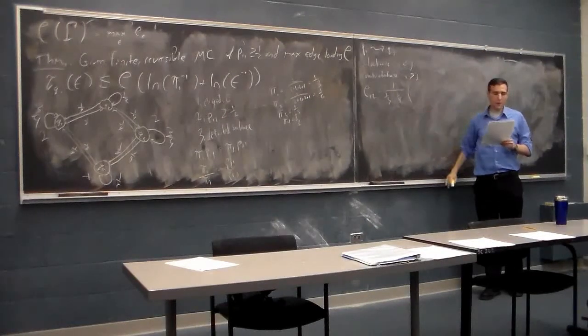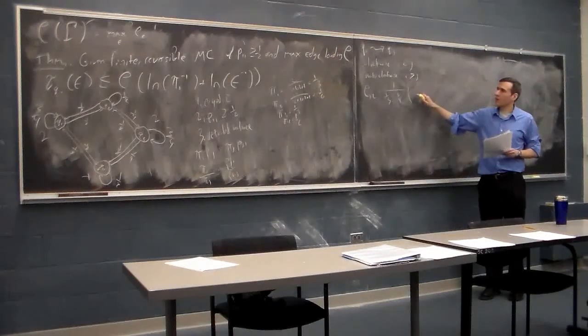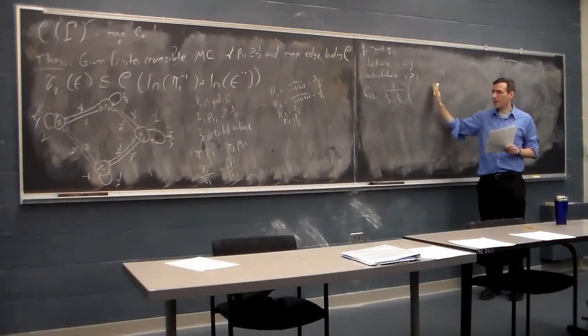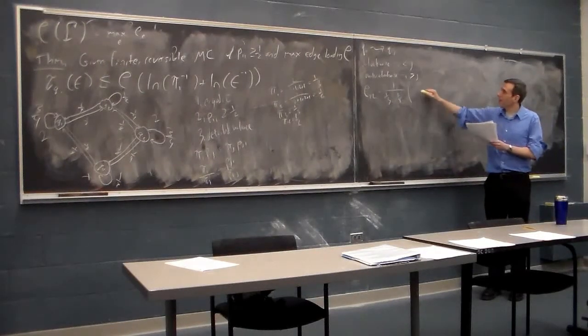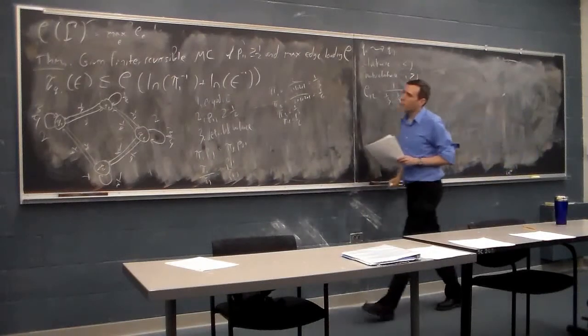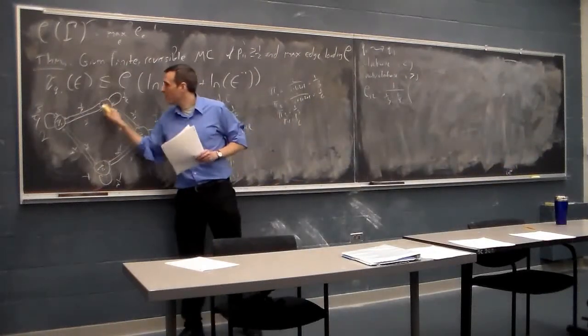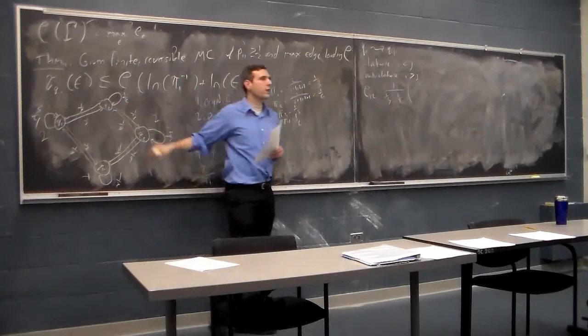And then what we would need to do is sum over all of these terms of the form pi I prime, pi j prime, times the length of the path from I prime to j prime. So in other words, we know that this edge from 1 to 2 uses the canonical path from 1 to 2.